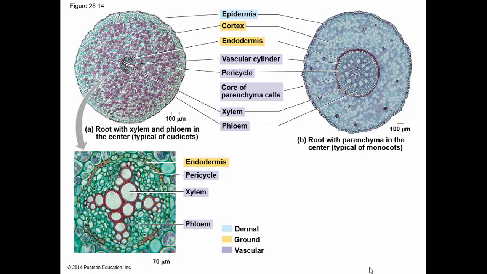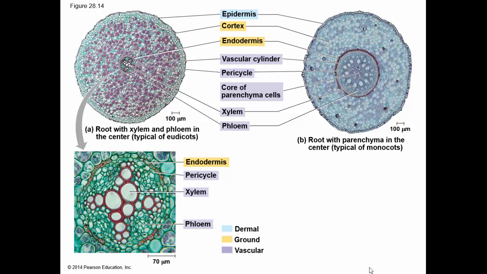Okay, some of the traits that these have in common are an epidermis on the outside and a vascular cylinder containing both xylem and phloem on the inside, with a layer of cortex in between.